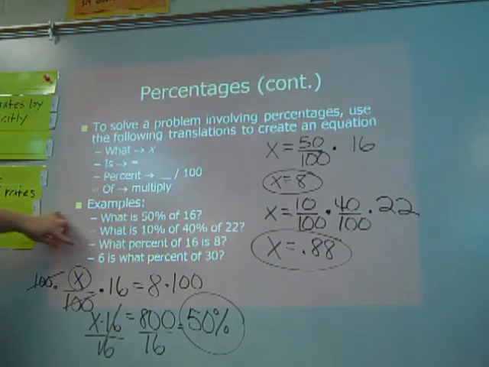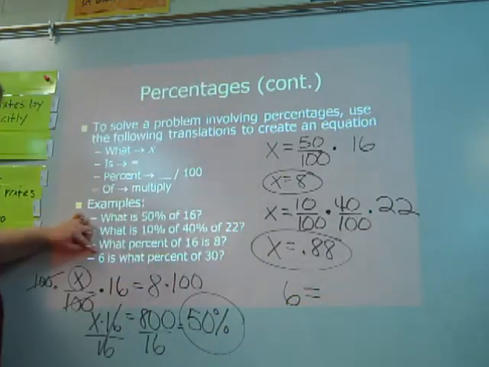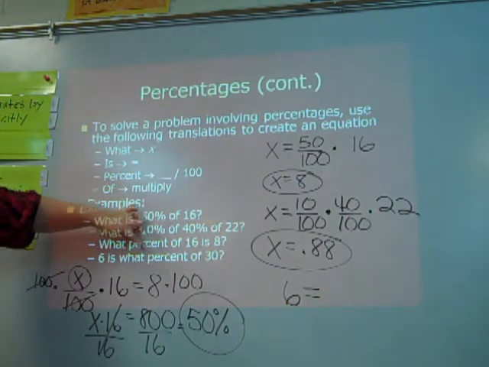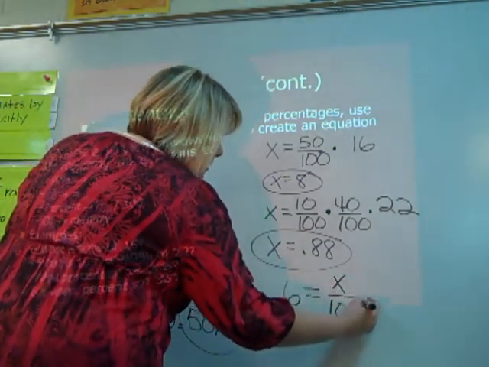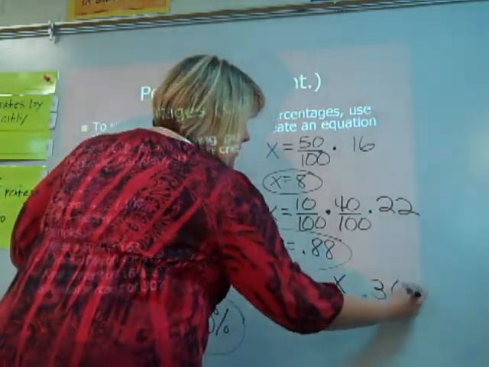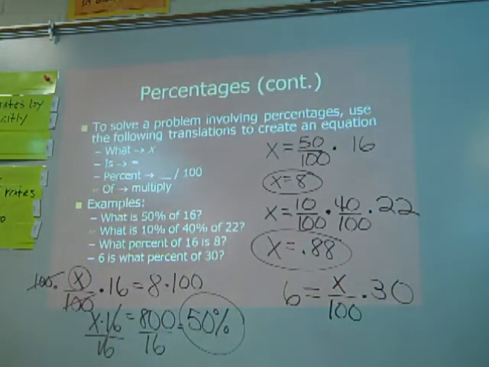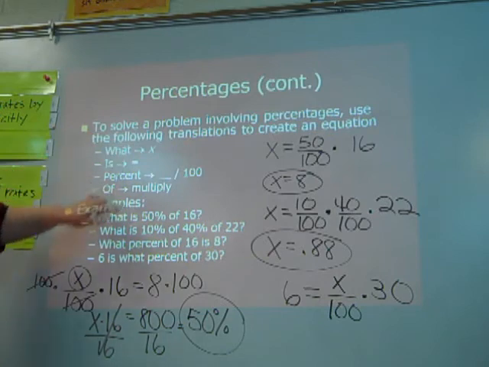All right, last one. 6 equals what percent? So x out of 100. What percent? Of means to multiply, 30. 6 equals x over 100 times 30. You just have to translate the words into what they mean.